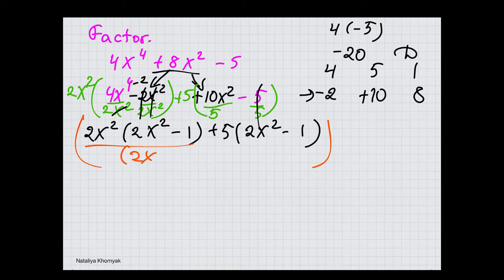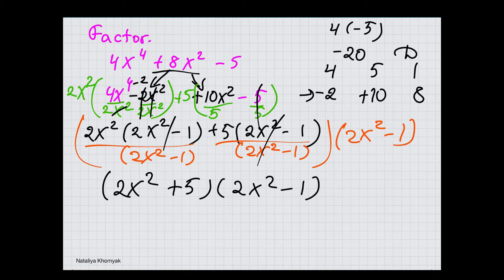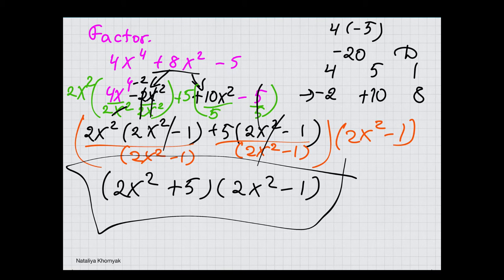Out of 2x squared minus 1, out of 2x squared minus 1. Whatever goes in denominators goes on the outside. This cancels, and we get 2x squared plus 5 times 2x squared minus 1. And this is our solution.